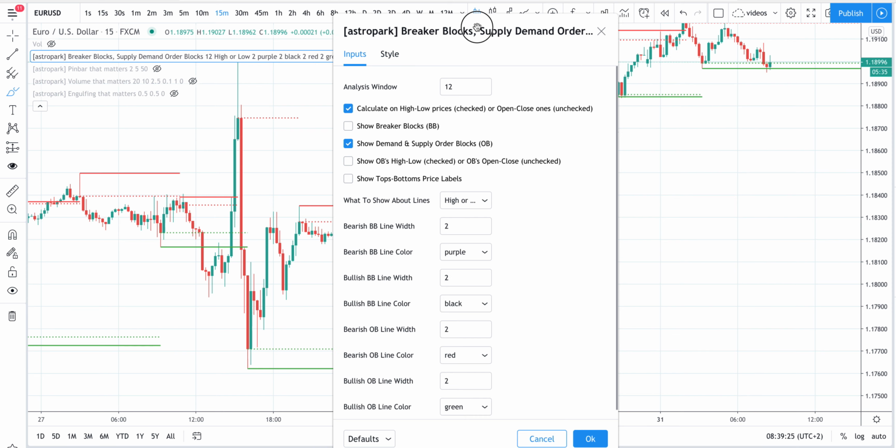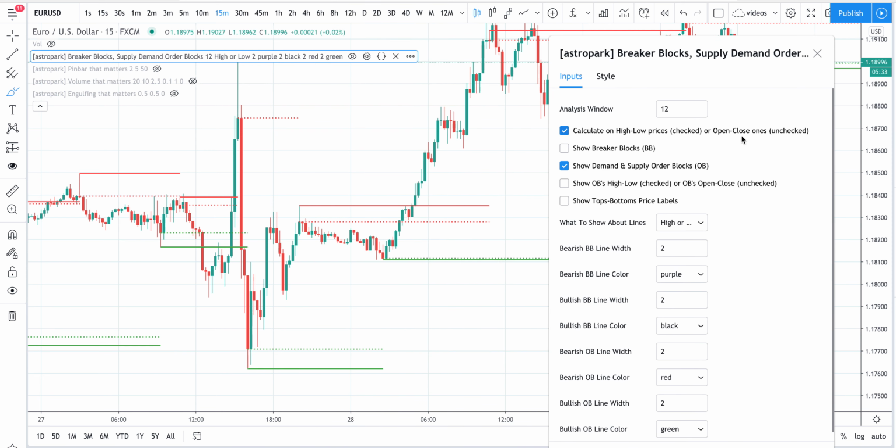You have also this option for how the zones are calculated. Currently the analysis is on high low prices. You can switch to open close for analysis.